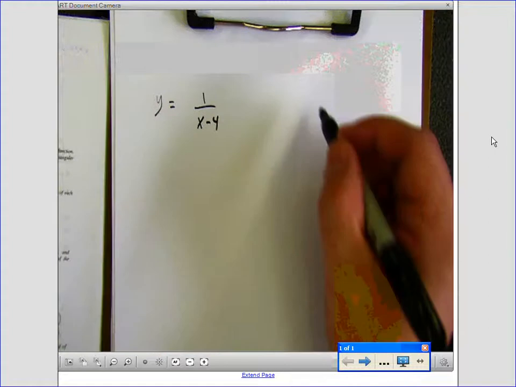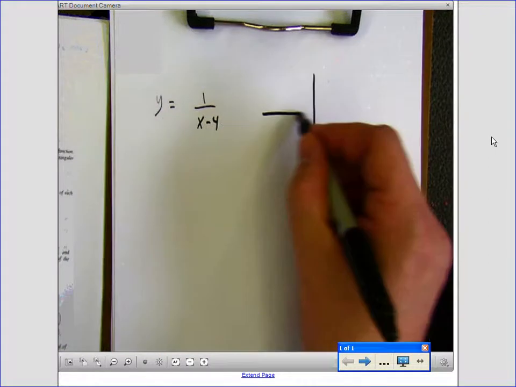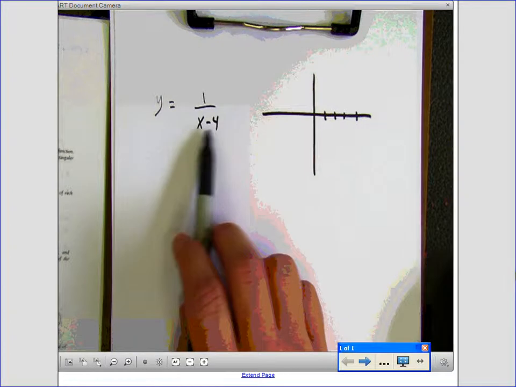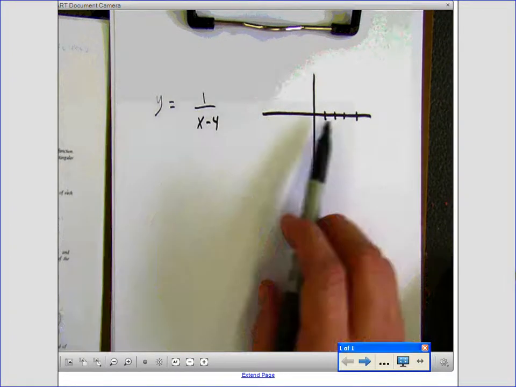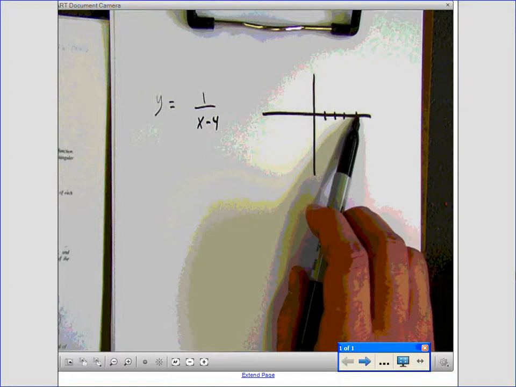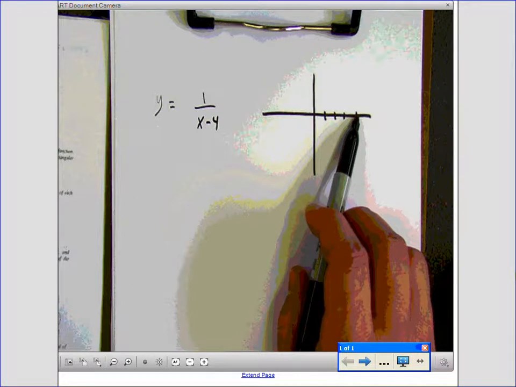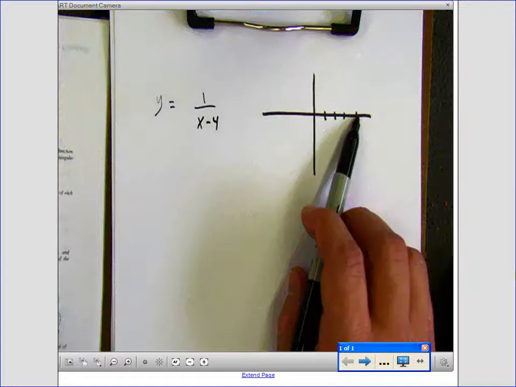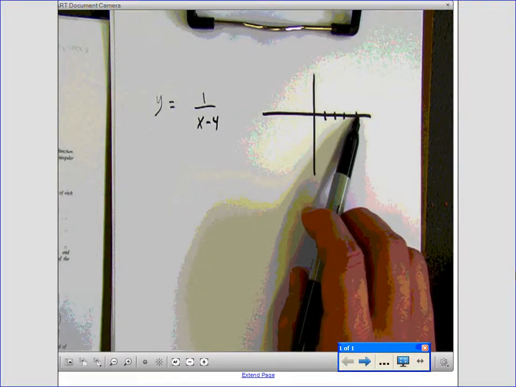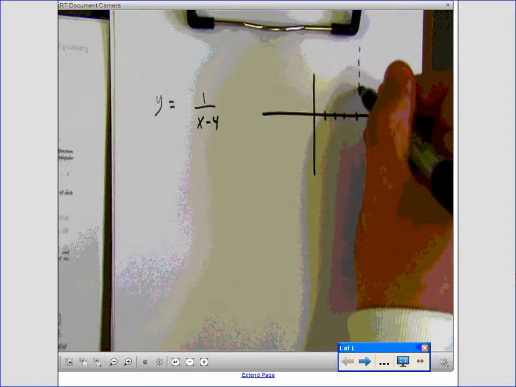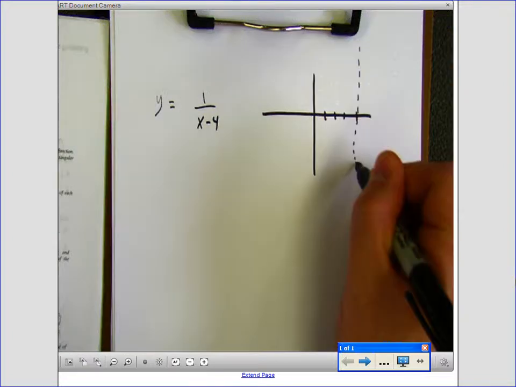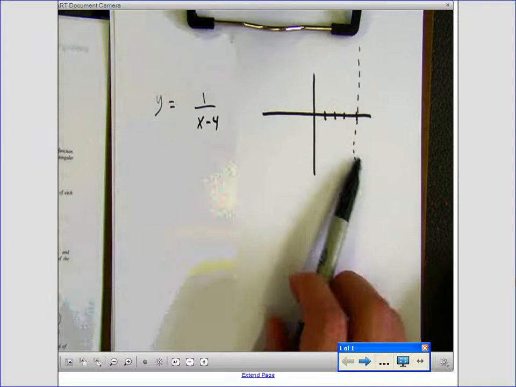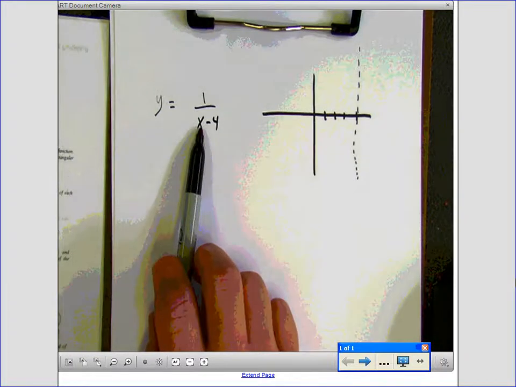Okay, so what happened on the graph at 4 when it was undefined? X can't be 4, right? So it could go up to 4, but it couldn't touch it. It was an asymptote, right? So at x equals 4, it's going to be an asymptote because when x equals 4, it's undefined.